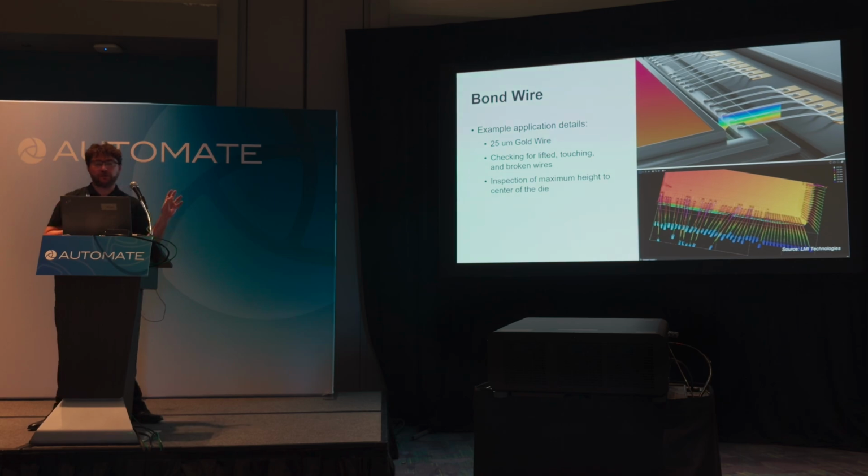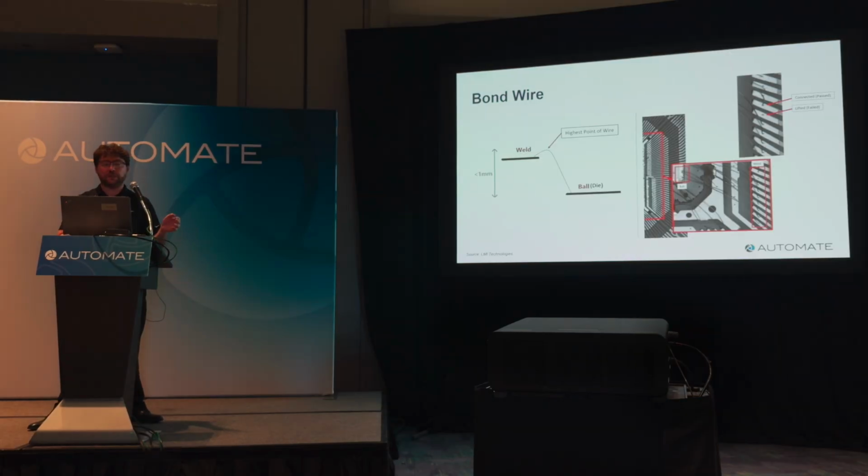Bond wire. This is a real example that was 25 micron gold bond wires. The inspection was not just for the obvious that you might be able to do with 2D vision. So with 2D vision, you can imagine finding a missing wire, a completely broken wire. But as part of the bond wire formation process, you also want to make sure that that's in control, that the tooling and the wire is following the path that you expect.